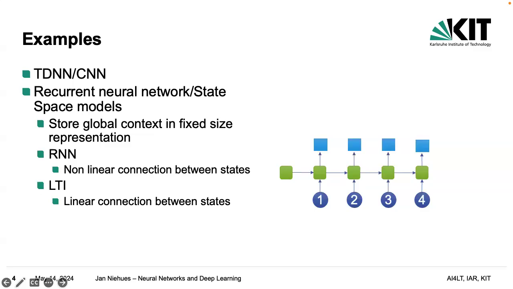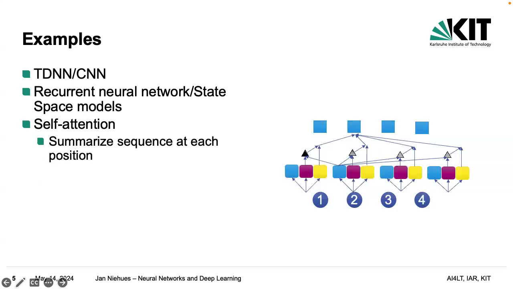We had there two main things. We have the RNN, where we have nonlinear connections between the states, while in the state space models, for example the LTI, we have linear connections between them, and then we're able to process things faster. But from a model view, when we are ignoring calculation aspects, it's somehow similar. We always have this type of memory which stores everything which we have read.